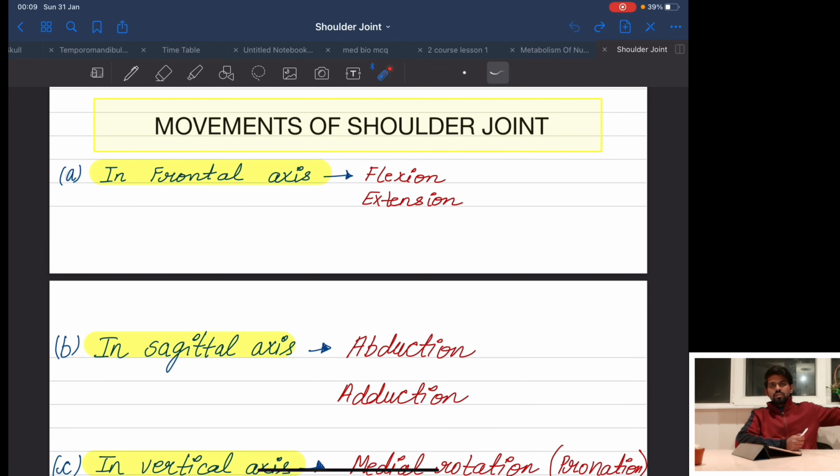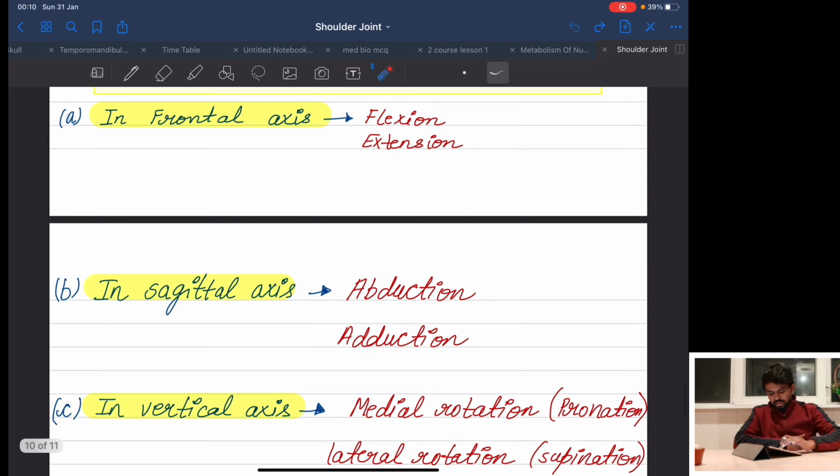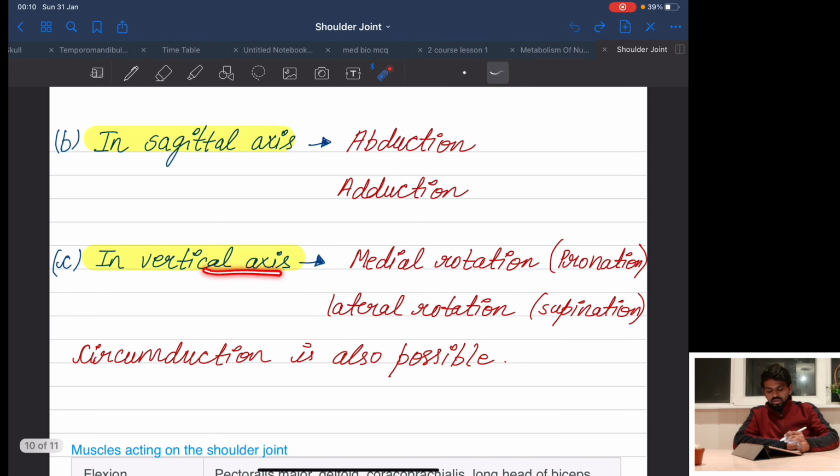This is adduction and this is abduction. In the vertical axis, the movement is medial rotation and lateral rotation, also called pronation and supination. Circumduction is also possible in the shoulder joint. Circumduction means the whole movement of the shoulder joint.